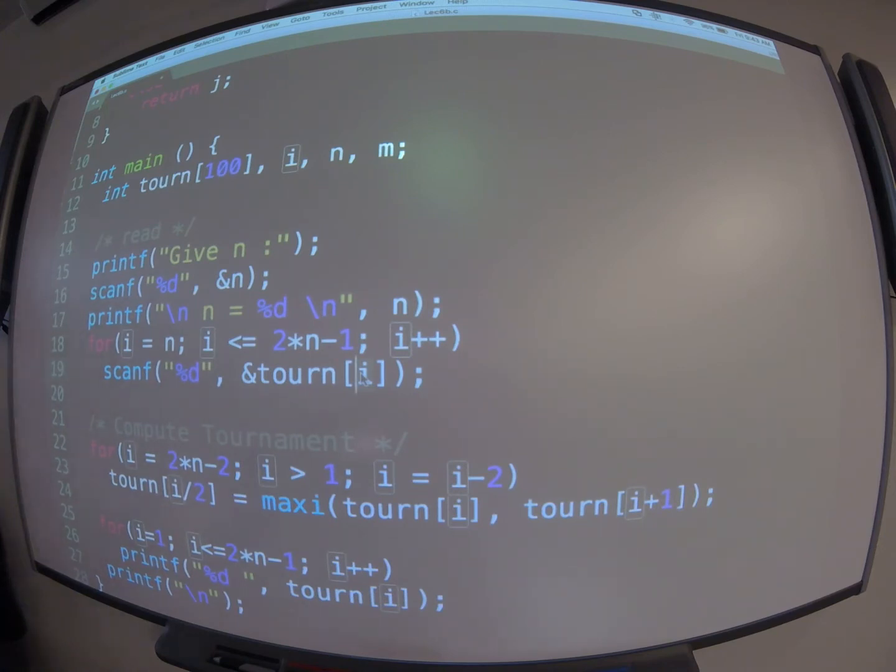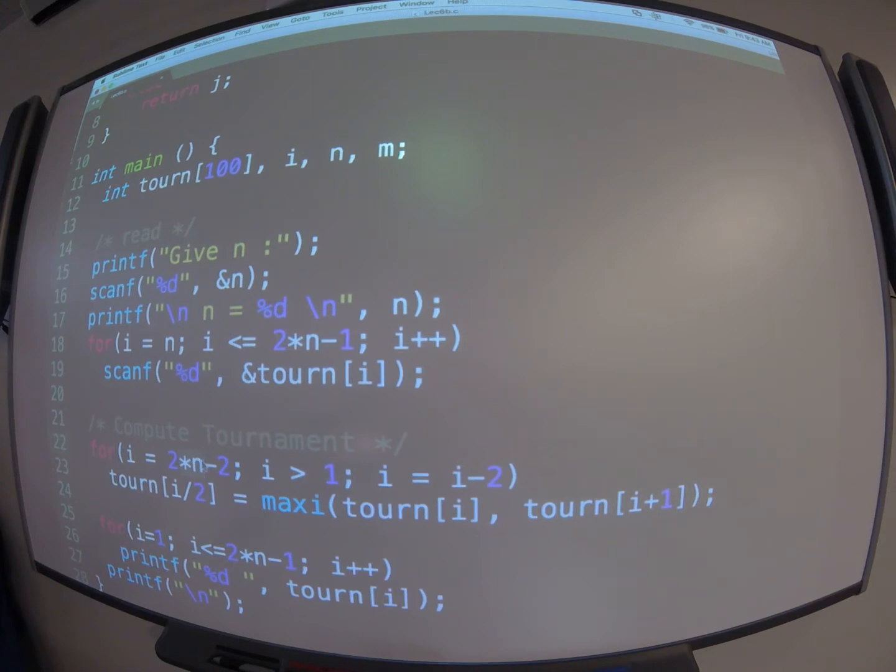After that, go to the end of the array, the very last position and the second last position. What is the end of the array? It is 2n minus 1 minus 1, right? Because remember, I starts from 0. The size of my array is 2n minus 1.